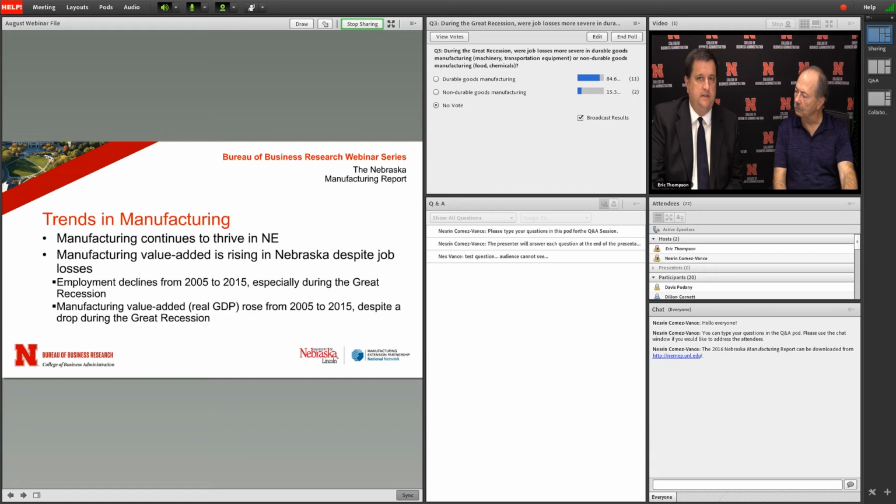If you look at the total value of production of Nebraska manufacturing businesses, and value added, that GDP type concept, all of those things have grown during the 2005 to 2015 period. So the industry continues to expand and thrive.